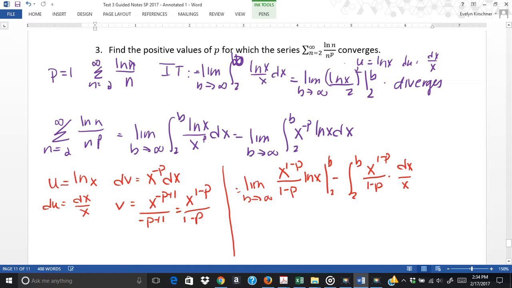So I get rid of one of those x's, so this becomes the integral from 2 to b of, I'm going to put the 1 over 1 minus p out.